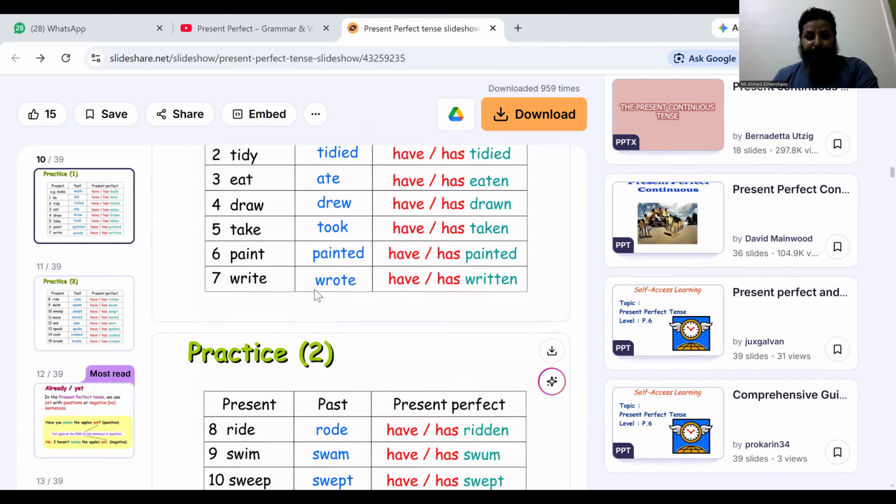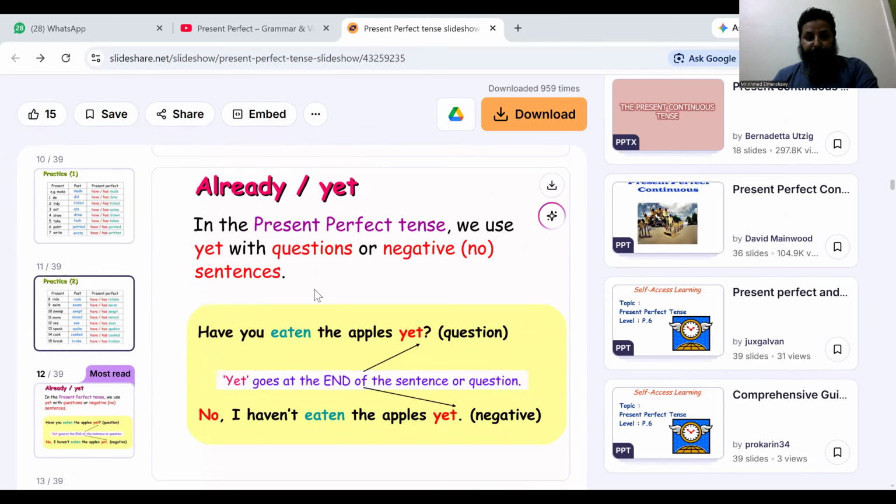Here, boys, we use some words with the present perfect, such as already and yet. In the present perfect tense, we use yet with questions and negatives. Remember, boys, that we use yet with questions and negatives at the end of the sentence.